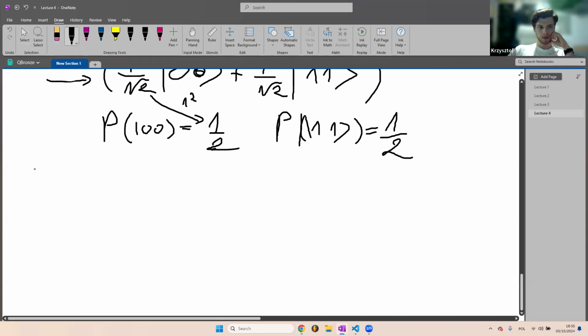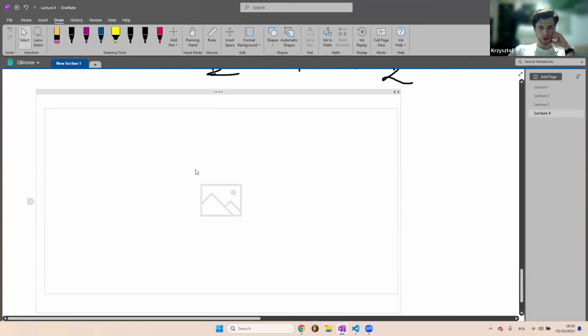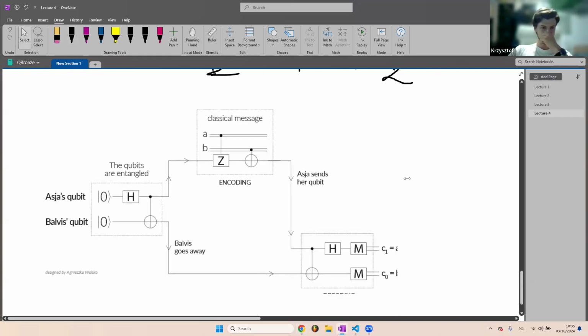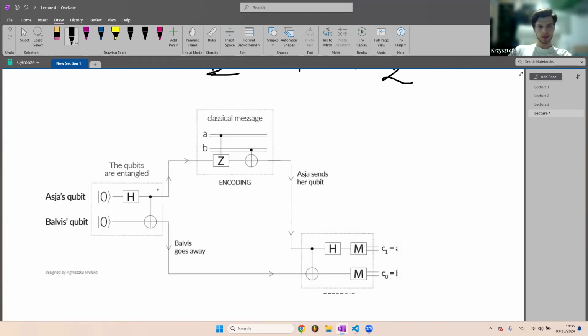So in this algorithm, suppose we have a quantum circuit like this. So first we entangle two qubits. Then here are Asia and Balvis. So two of those guys can separate from each other.